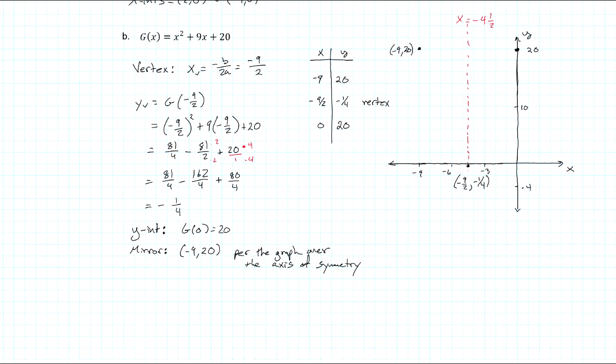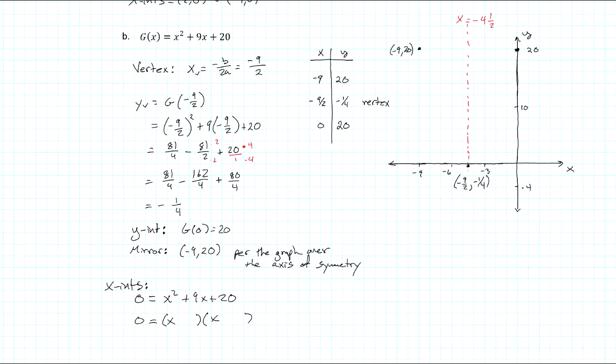Myself a little more space here. There we go. So for the x-intercepts, I set y equal to 0. I say 0 equals x squared plus 9x plus 20. And then we'll factor 0 equals x times another x. We want two sets of parentheses multiplied, x in the first position of each.